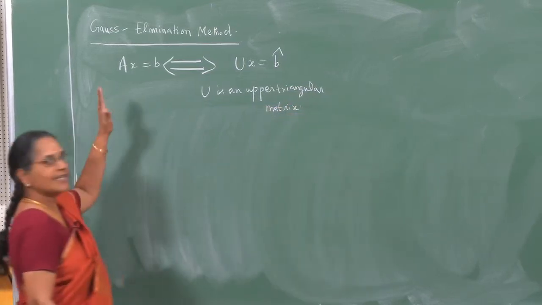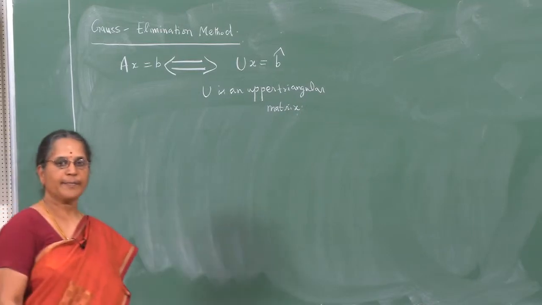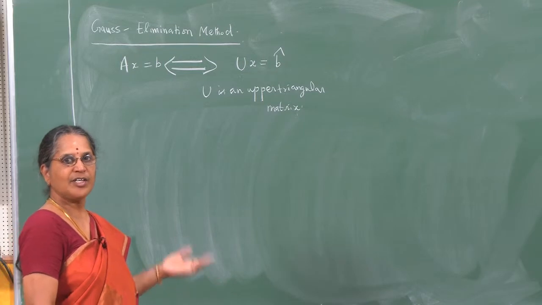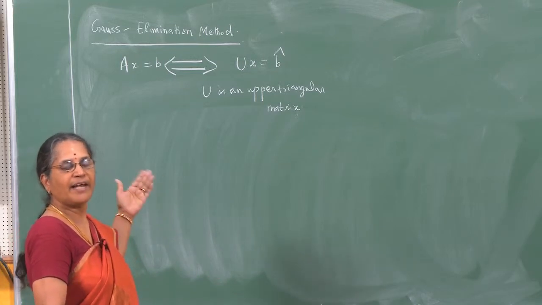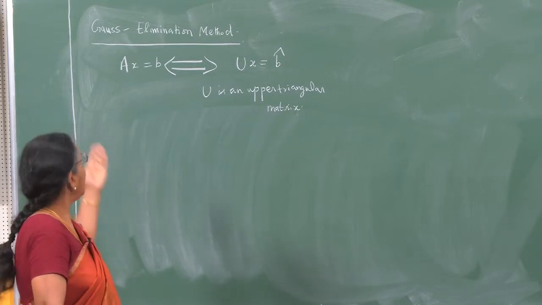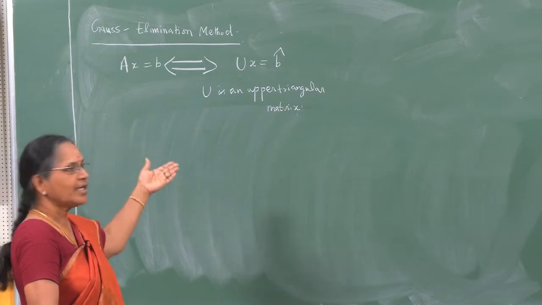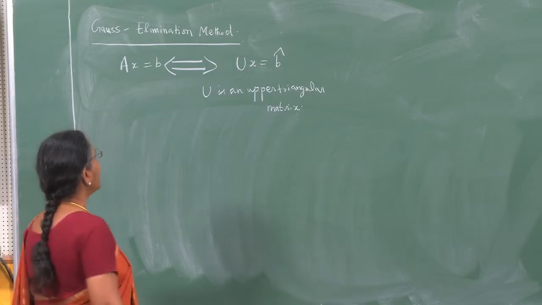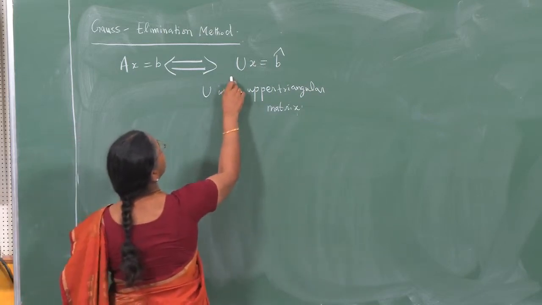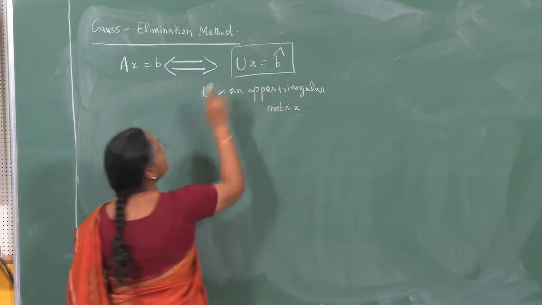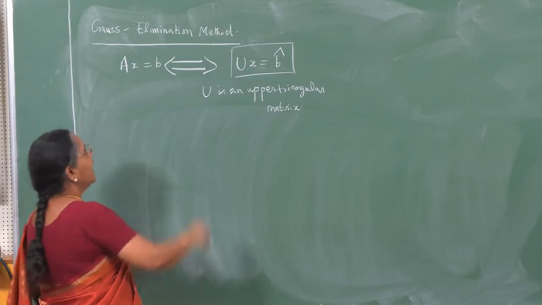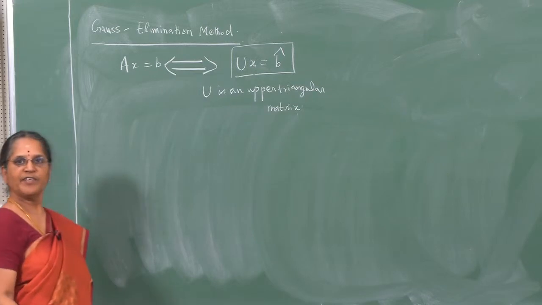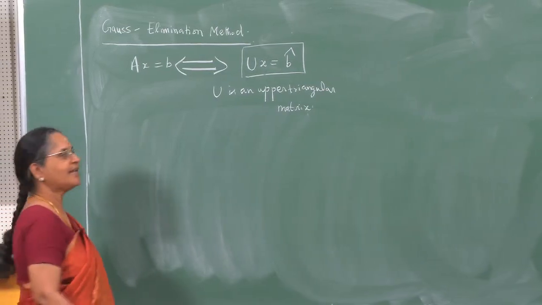So, you start with the system Ax is equal to b and apply elementary row operations on the rows of the matrix A and reduce the matrix A to an upper triangular matrix U. So, you end up with an equivalent system Ux is equal to b cap, and you know how to solve this system, because the coefficient matrix is an upper triangular matrix.